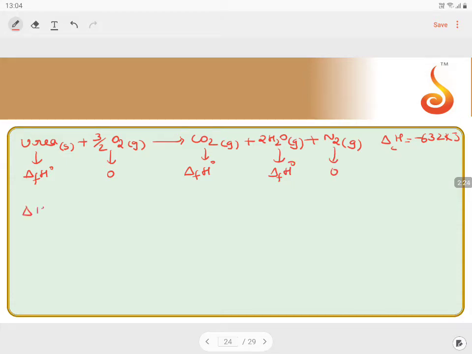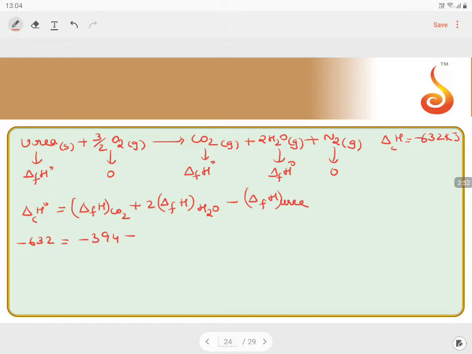Now the enthalpy of combustion will be equal to products minus reactants: the enthalpy of formation of carbon dioxide plus 2 times the enthalpy of formation of H2O minus the enthalpy of formation of urea. Substituting the data, minus 632 is equal to carbon dioxide minus 394 plus 2 into minus 286 minus the enthalpy of formation of urea.